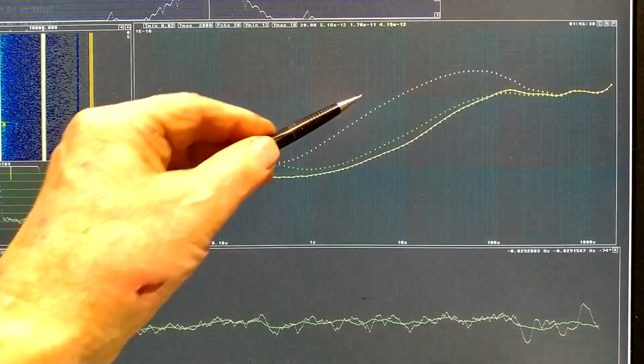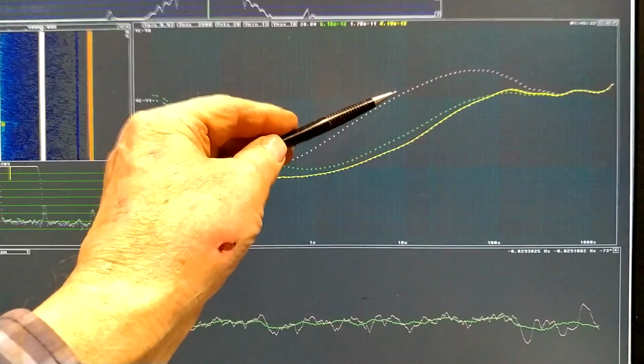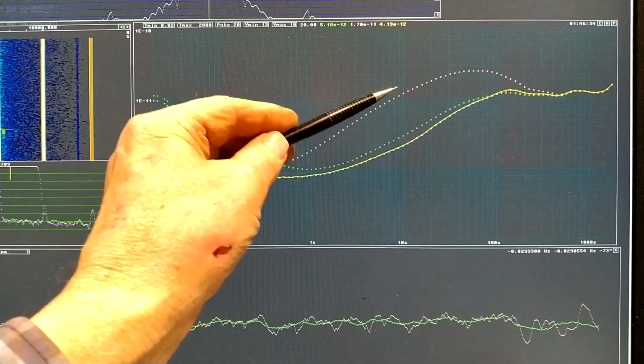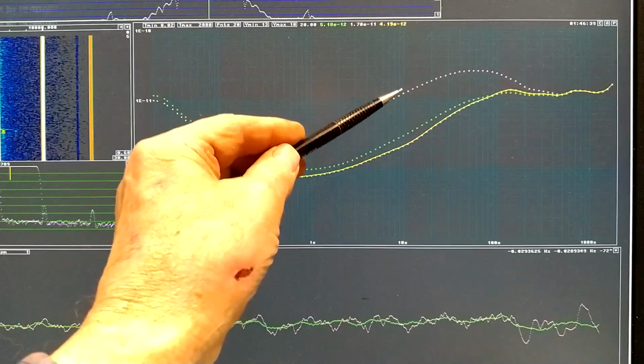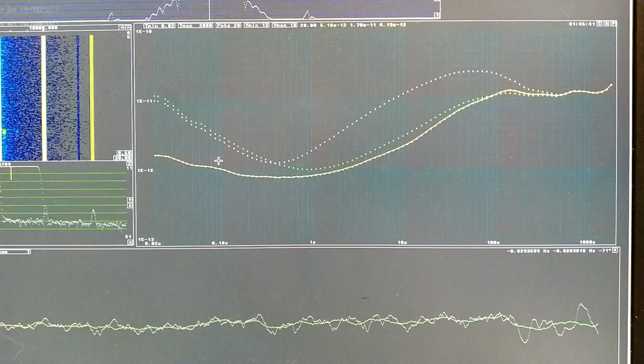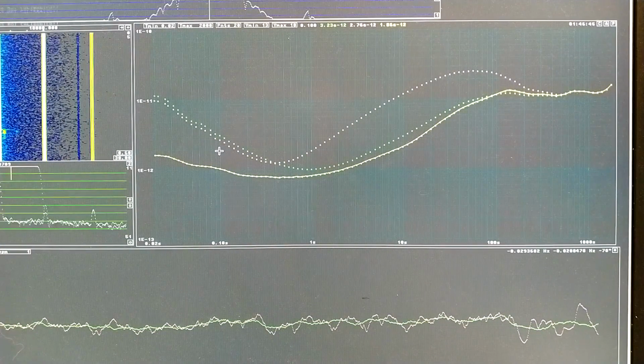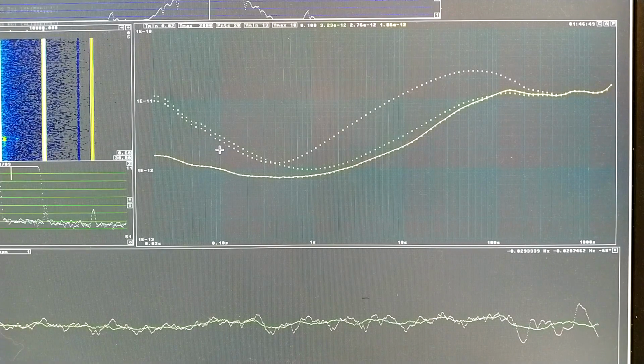But the oscillator in channel 2 suffers at very close to the carrier, 0.1 Hertz or so. I can read out numbers by clicking on a frequency. At 0.1 second, 1.06 times 10 to minus 12.